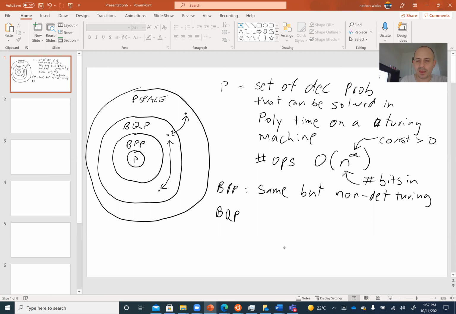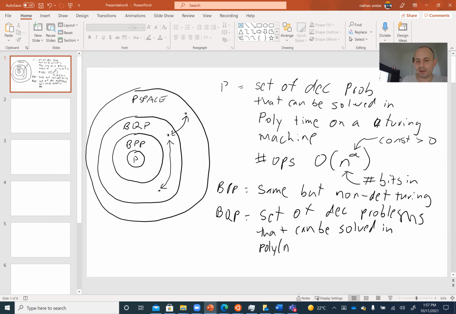BQP, this is the set of decision problems that can be solved in poly n time on a quantum computer.